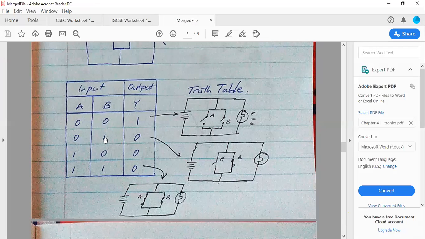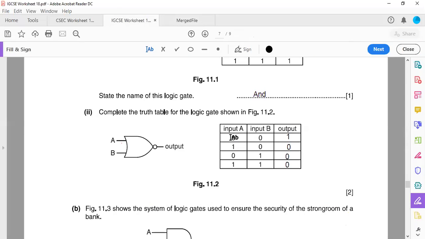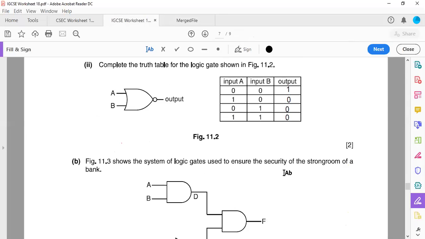Just as is, once you have an input of 1, the output is going to be 0. Alright, so is everybody okay so far with this? It's 1 0 0 0 on a NOR gate.